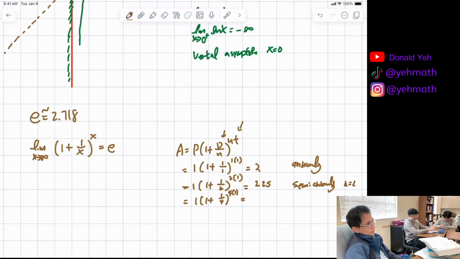No, that's not right. 2.44 would be better. 2.44. So Mr. Ye is going to compound quarterly, I say, and you're going to come back and say, no, I think Mr. Ye should compound as many times as possible. So what do you think as many times as possible?